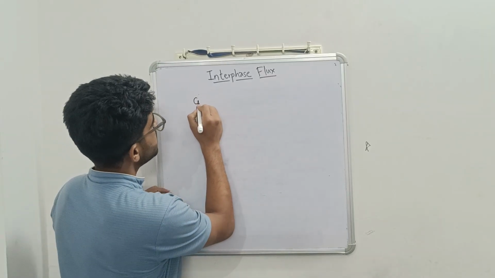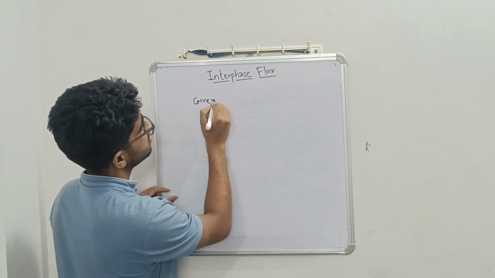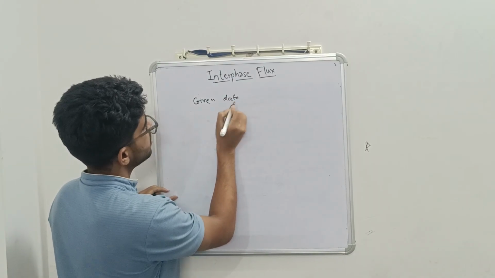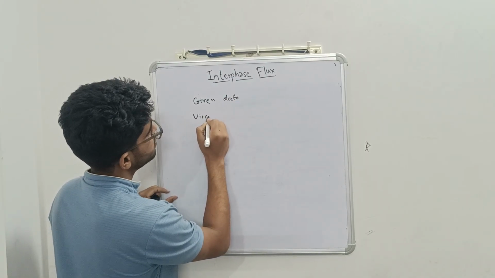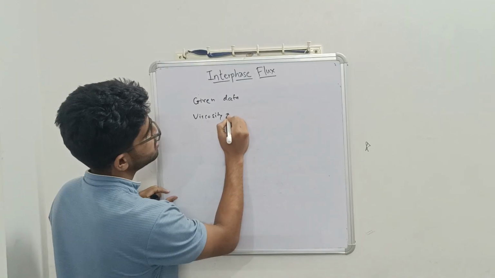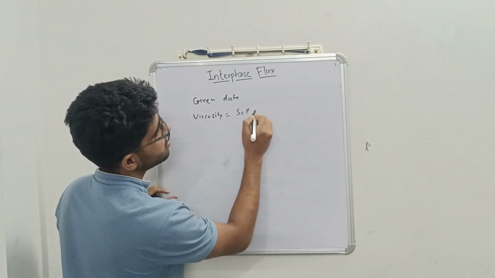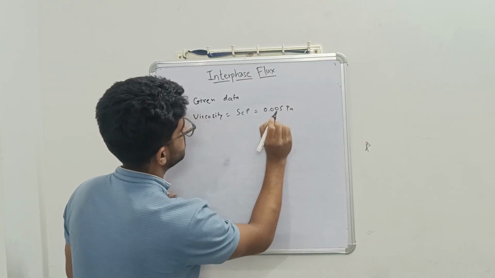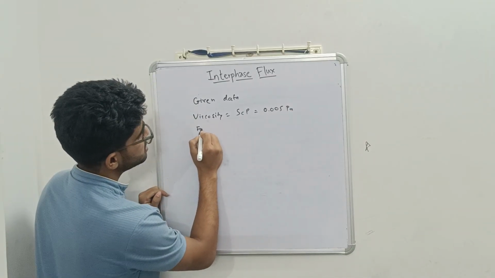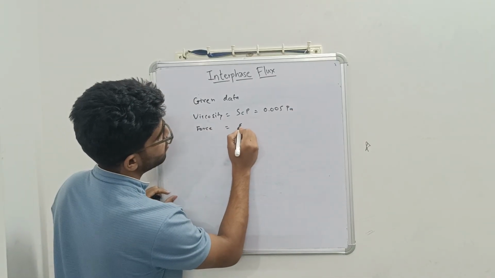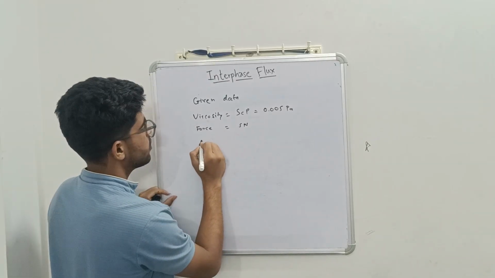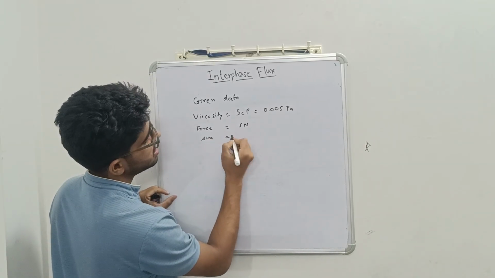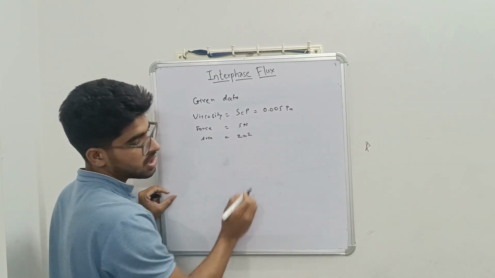The given data is: our new viscosity, which is 5 centipoise, equal to 0.005 Pascal second, and our force is 5 Newton, where the area is the same as the previous question, which is 2 meters square.